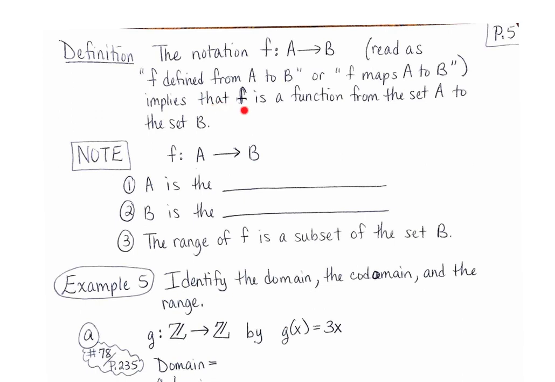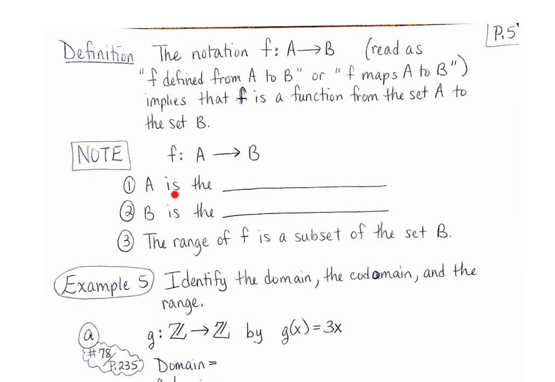This implies that f is a function from the set A to the set B. A and B are what? Sets. Good. f is your function. A and B are sets.